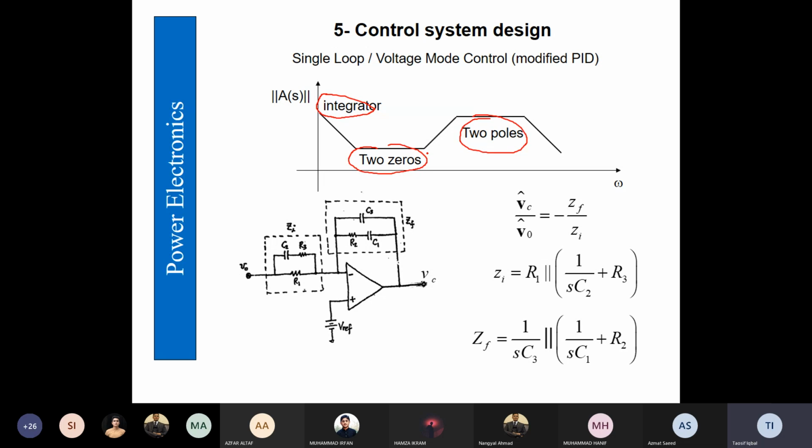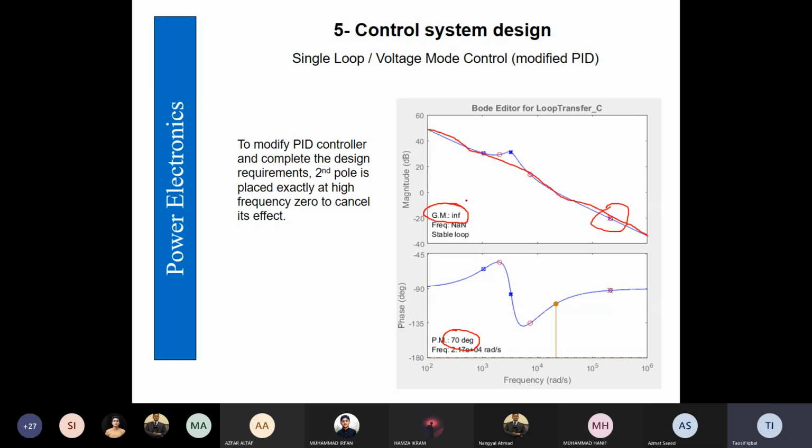So for this configuration, we can use an op-amp with this R's and C's configuration, so that we have 2 poles, 2 zeros and 1 integrator. And we need to find out the values of R's and C's according to the places we have placed the zeros and poles.